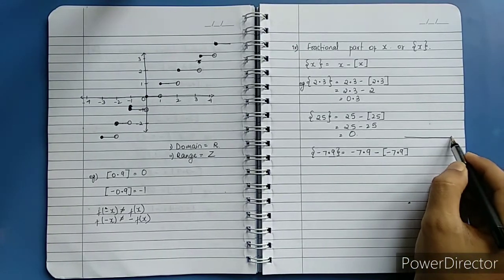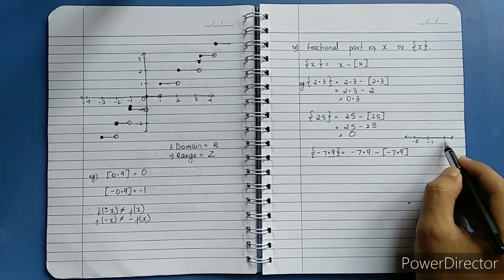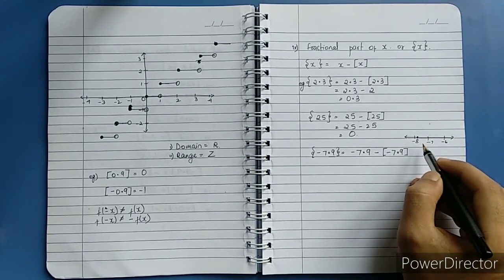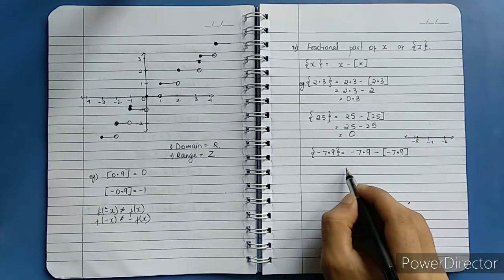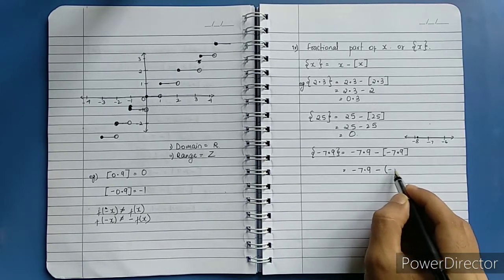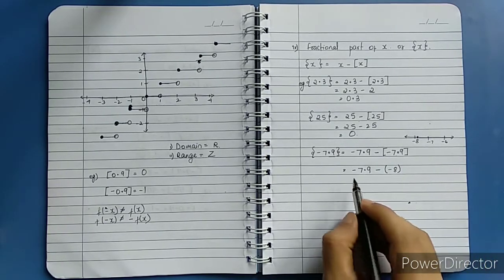Now, if you look at the axis, minus 8, minus 7, minus 6, minus 7.9 is over here, and the greatest integer that is less than or equal to minus 7.9 is minus 8. So the floor of minus 7.9 is minus 8.